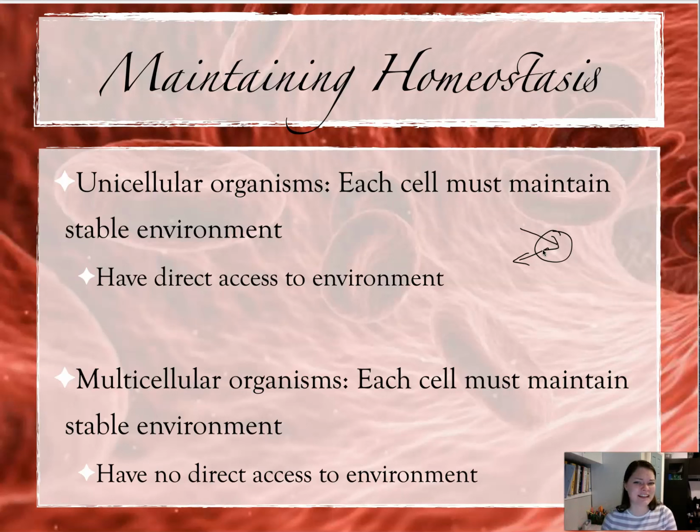But if you're a multicellular organism, you're really packed in there. And so any wastes produced by one cell can't just dissolve out into the environment. Instead, it needs to be managed in a way that allows the cell that is surrounded by other cells to still get the nutrients it needs and get rid of the wastes that it doesn't need. In other words, it interacts with the environment much more indirectly.